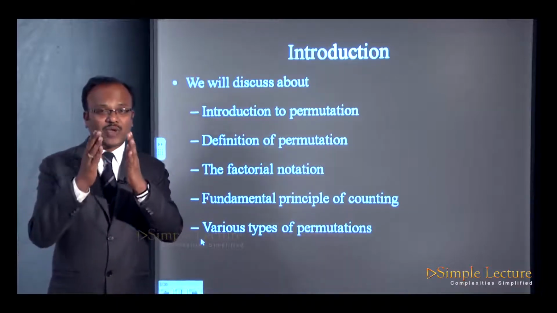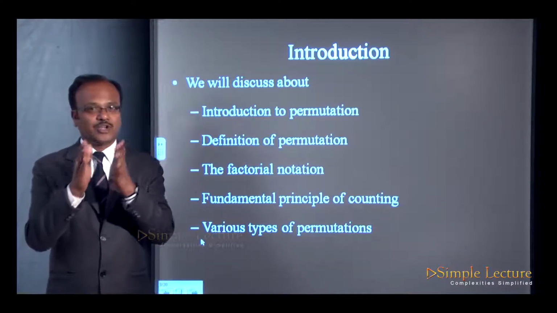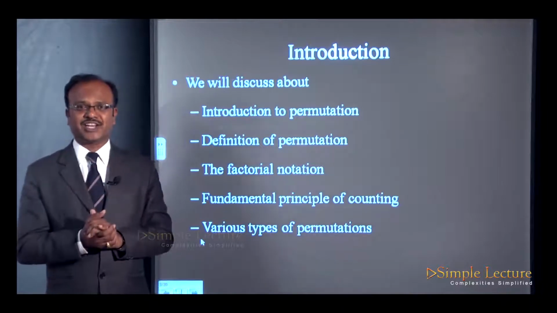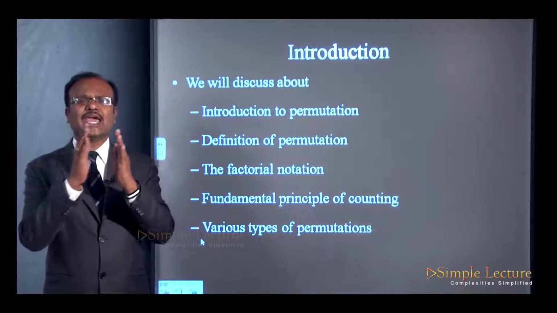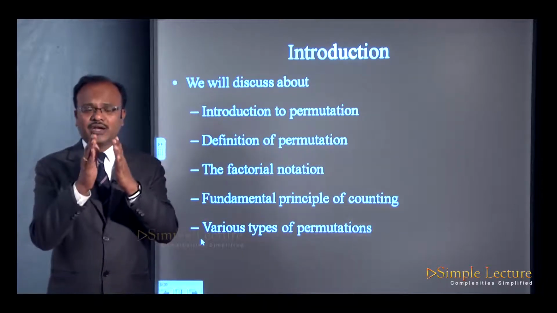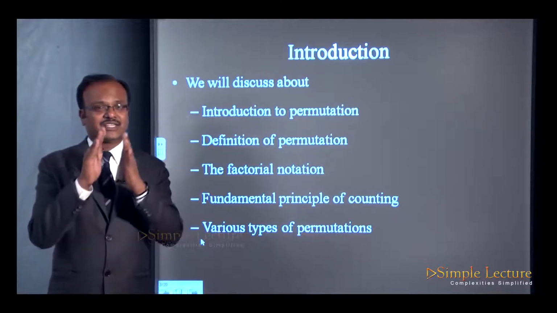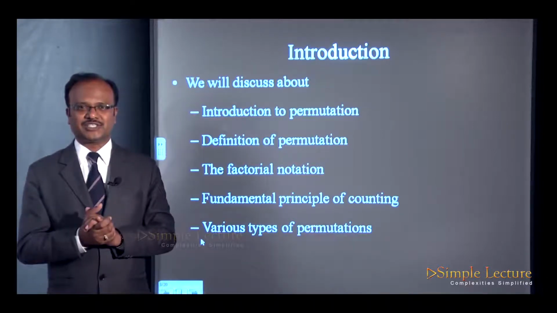Now, in how many ways can you select a breakfast when you go on one fine morning to that fast food restaurant? So, like this, you take n number of examples wherein the order or the arrangement of the objects and the selection of the objects is very important.